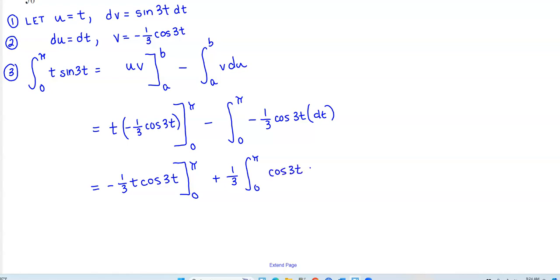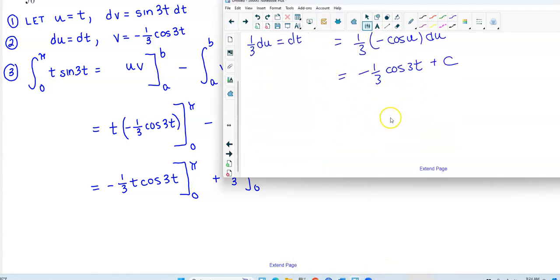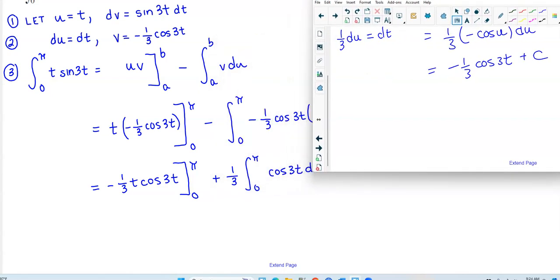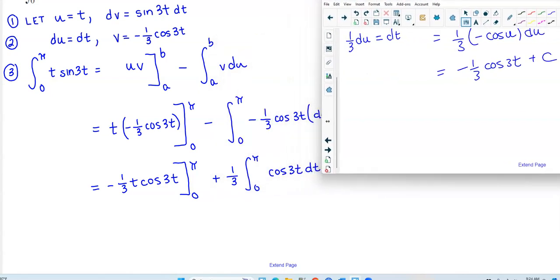Okay, so similarly, if we want to take the antiderivative of the cosine of 3t, it's going to be similar to what we just did. So we know that u is 3t. We know that 1/3 du is going to equal dt.